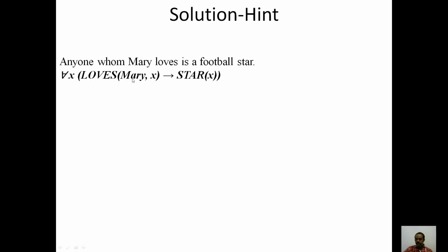So Mary loves this person that belongs to X. So loves Mary, comma X implies star X, because if Mary loves, definitely that person is a football star. The total thing is embedded into for all, so we write it as for all X, loves Mary, comma X implies star X.